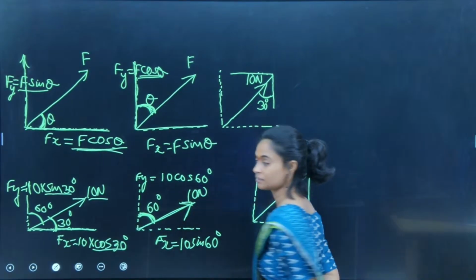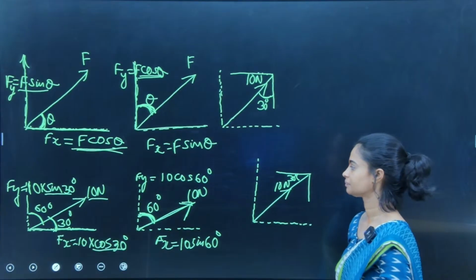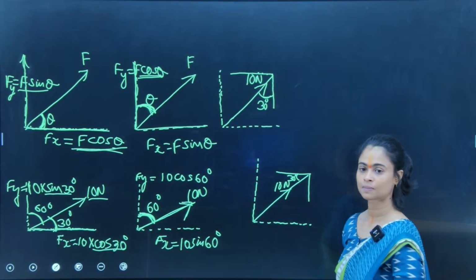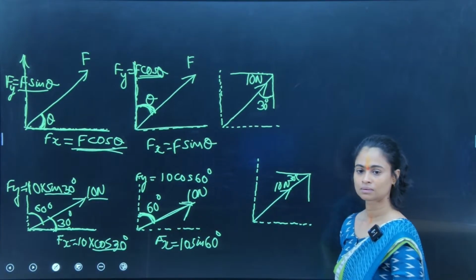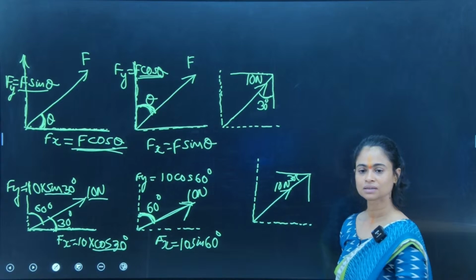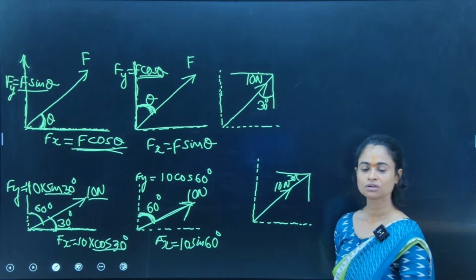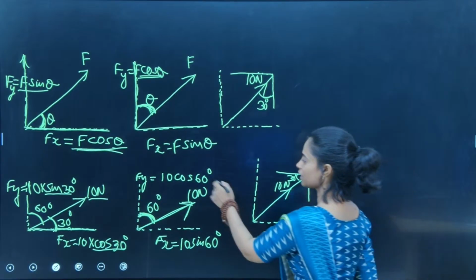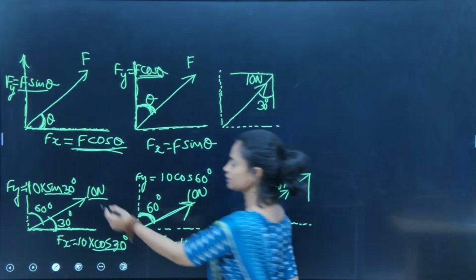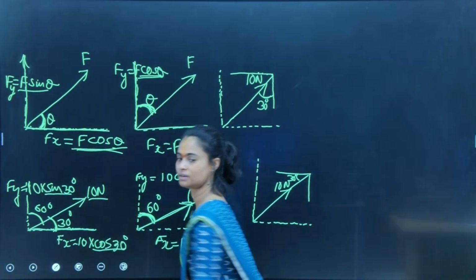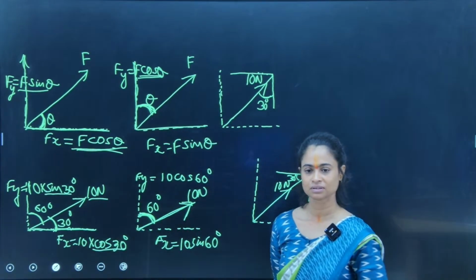10 cos 60, how much? What is the value of cos 60? 0.5. So 0.5 into 10, 5. Sin 30, 0.5 into 10, 5.